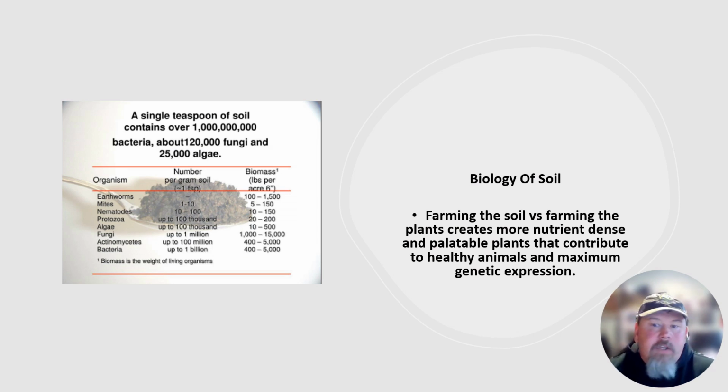So the biology is a big thing, and we're going to go into this more in our next seminar. But when it does rain on my soil, what happens? The biology wakes up and it starts doing its job. What we need to understand is a single teaspoon of soil contains over 1 billion bacteria and about 120,000 fungi and 25,000 algae.